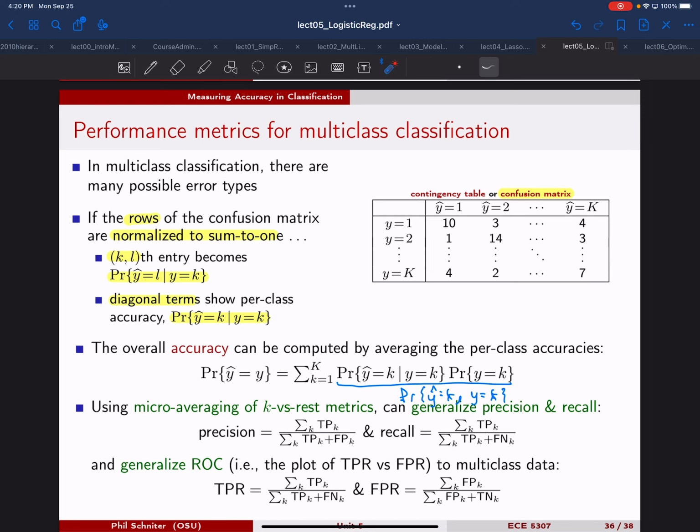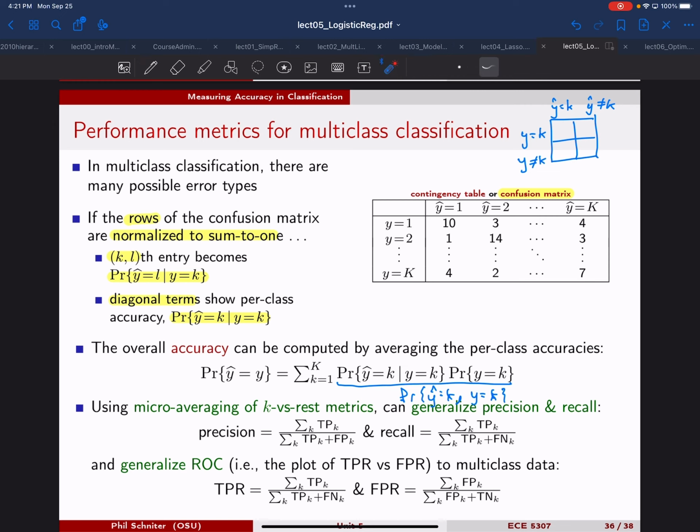Let me first describe what this K versus rest metric is. Let me make a little table here. This is going to be y equals k, and on top y is not equal to k. Then we have y hat equal k and y hat not equal to k.